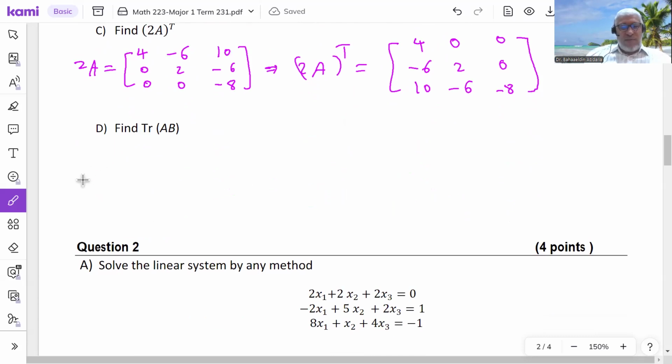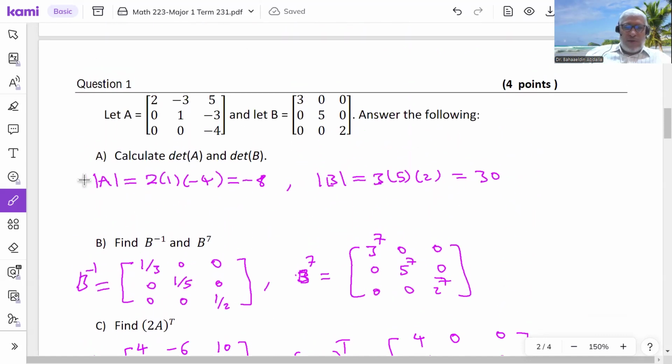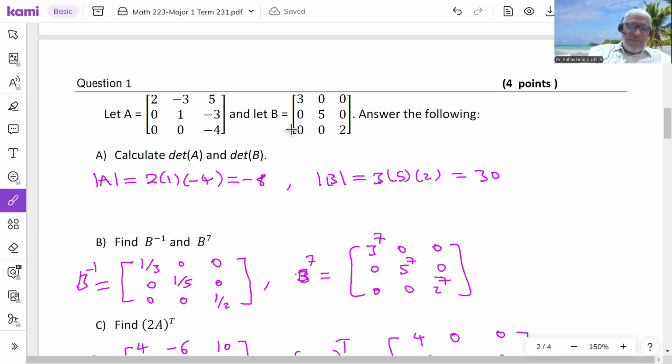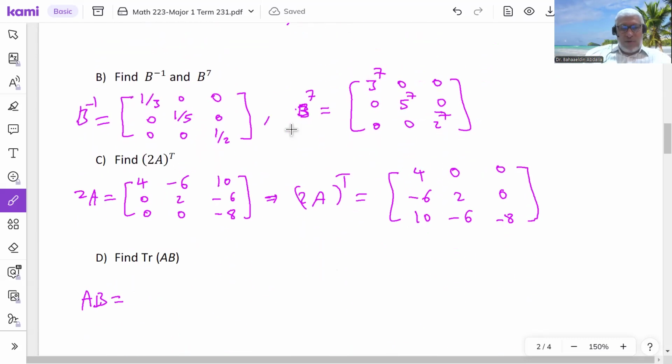Trace of AB. Well, we know how to multiply A and B. We can multiply as usual. But if A is upper or lower triangular, and B is also upper triangular, diagonal, or lower triangular, we know the elements on the main diagonal.